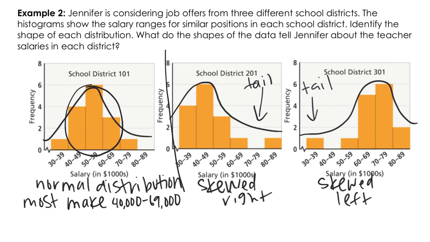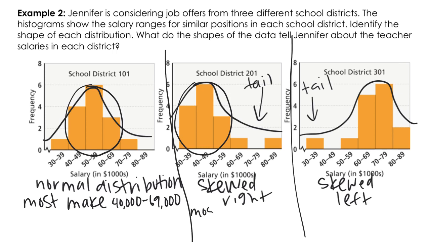For the second one, it looks like most people are making within these 3 bars, which is most make $30,000 to about $59,000.